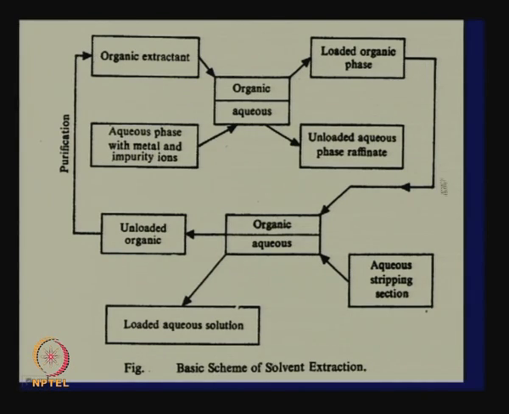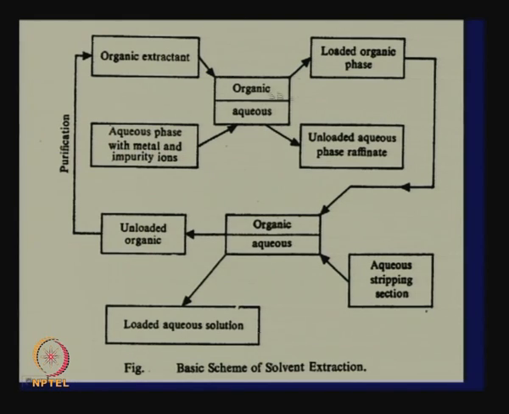Then at another stage, this organic phase will be brought in contact with an aqueous stripping section, meaning fresh clear water, which will take out from the organic part the metallic ions that were absorbed and produce loaded aqueous solution, which means this reaction is reversed. Some metallic values have been taken in, later on they are stripped out of that.